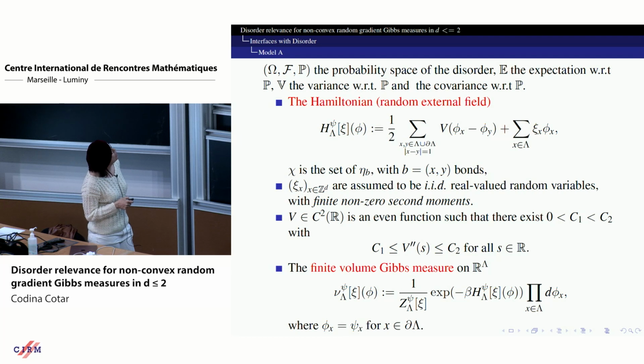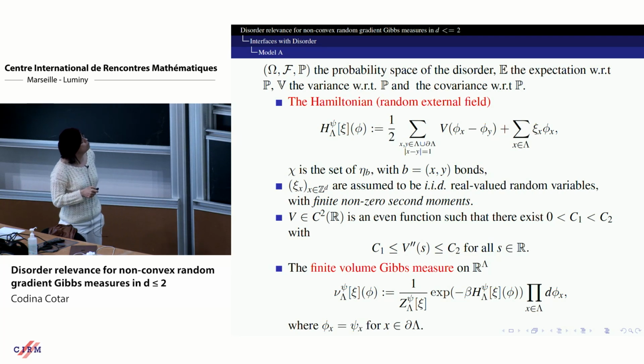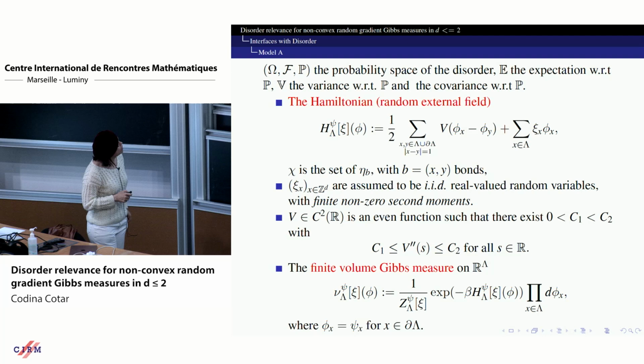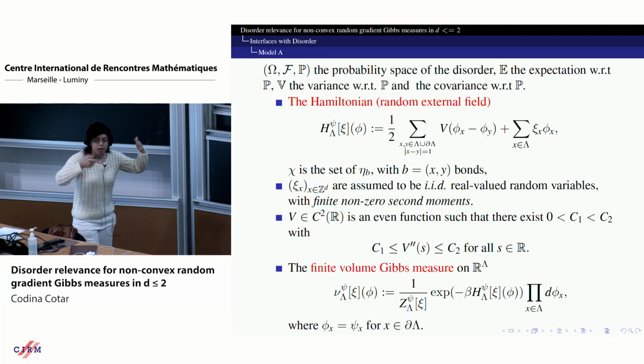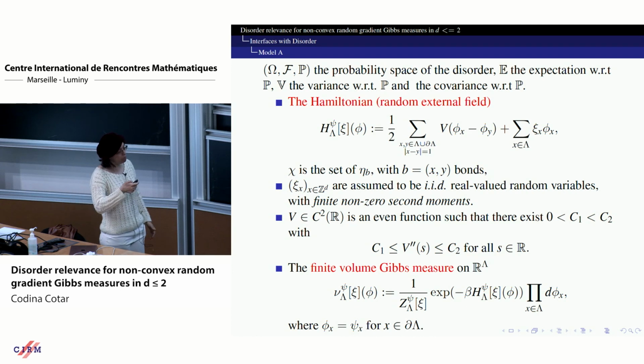Here psi are IID random variables with finite non-zero second moments. I'm still in the uniformly strictly convex case because V is still uniformly strictly convex, so it still has the same property. Then I can define again the finite volume Gibbs measure, same as before.